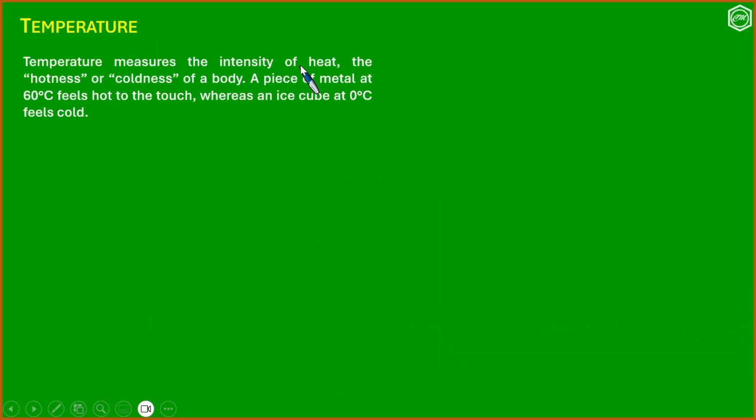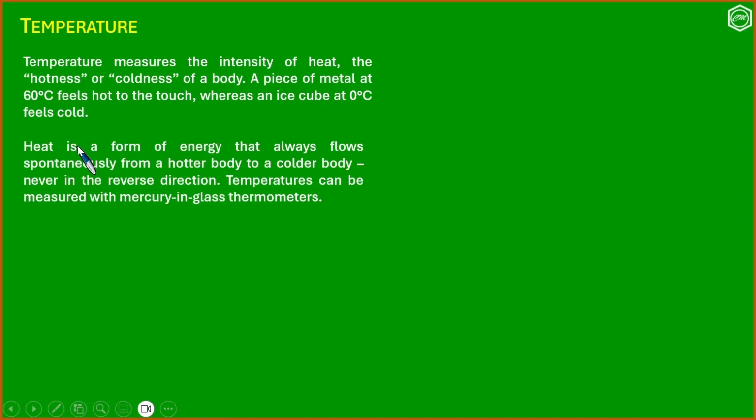Temperature measures the intensity of heat, the hotness or coldness of a body. A piece of metal at, for example, 60 degrees Celsius feels hot to touch, whereas an ice cube at 0 degrees Celsius feels cold. Heat is a form of energy that always flows spontaneously from a hotter body to a colder body, and never in the reverse direction.